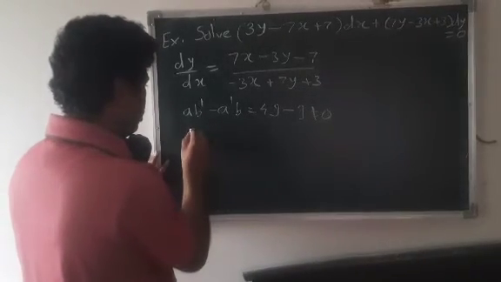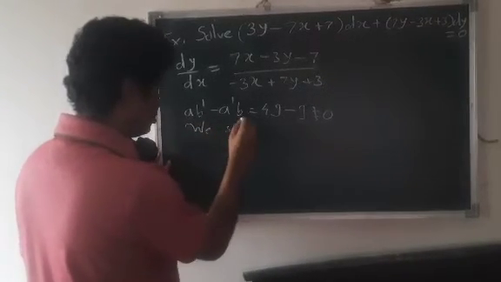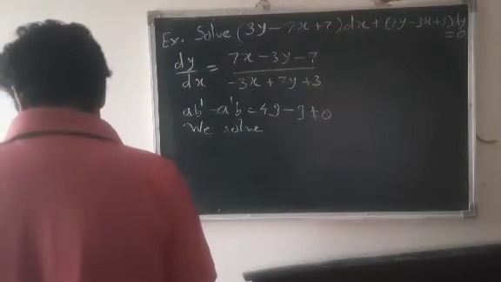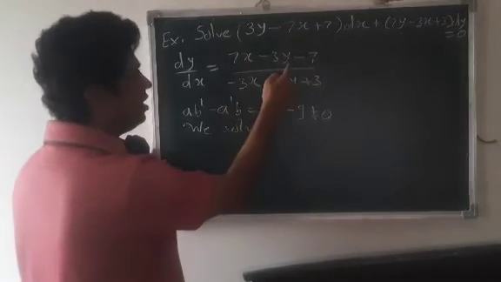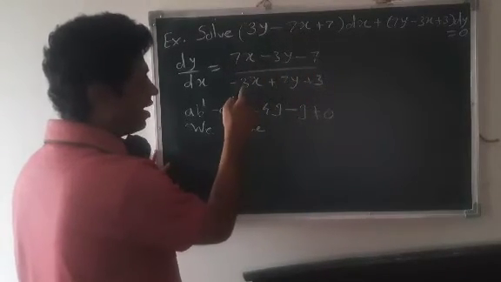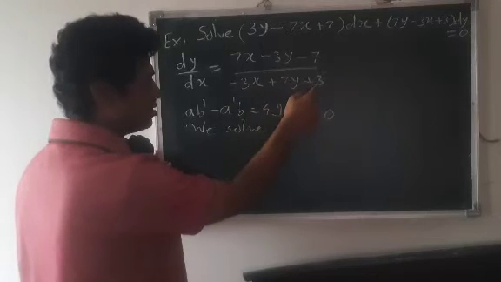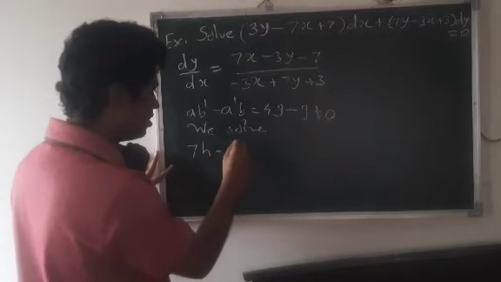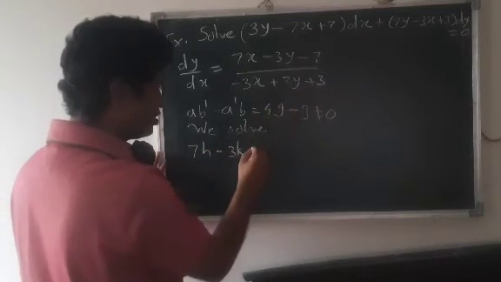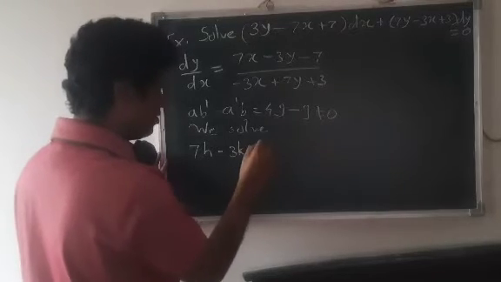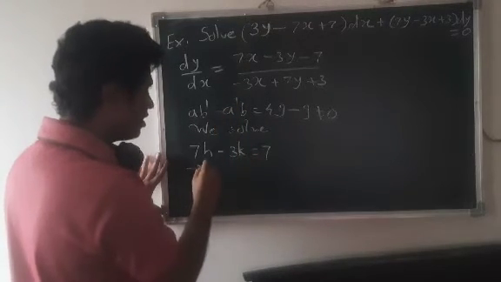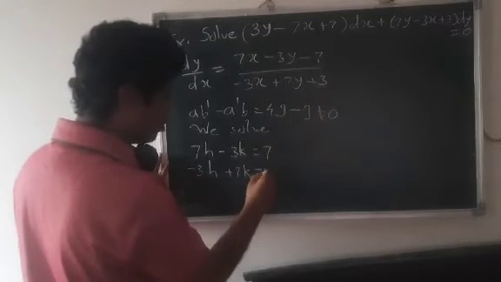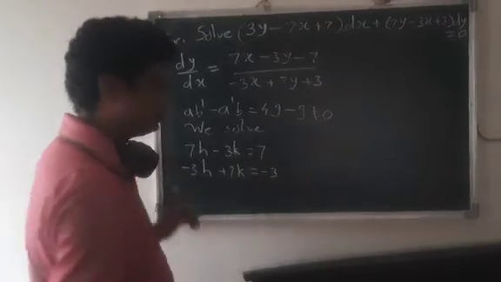So we solve a into h plus b into k plus c equal to 0 and a dash h plus b dash k plus c dash equal to 0. That means 7h minus 3k minus 7 equal to 0, let us write it as equal to 7, and minus 3h plus 7k plus 3 equal to 0, so we write it as equal to minus 3.